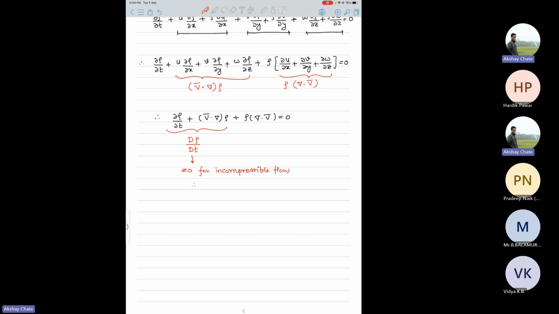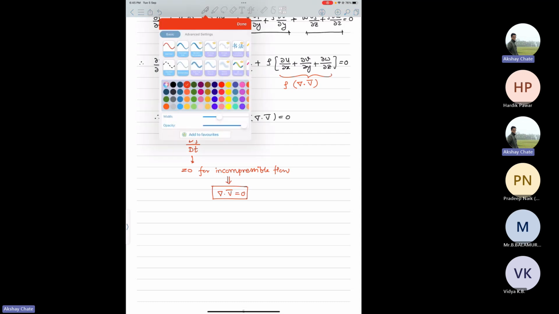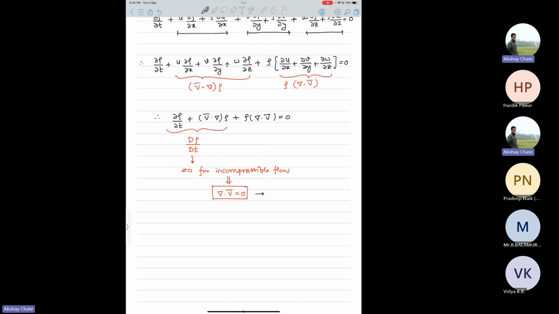So therefore, for incompressible flows, this implies your divergence of the velocity field will be 0. So from here we get the very famous equation, which is del u by del x plus del v by del y plus del w by del z equal to 0 for incompressible flows.